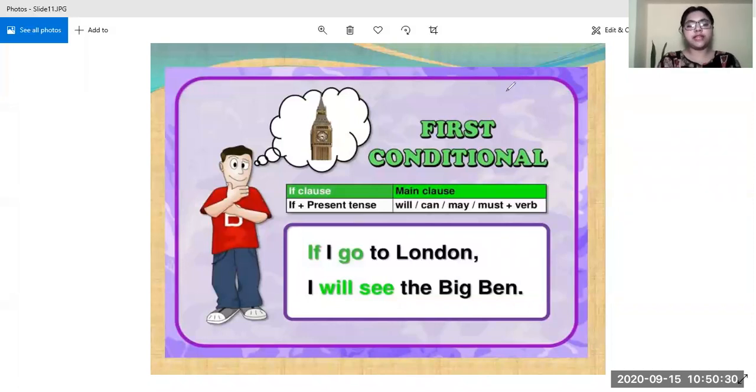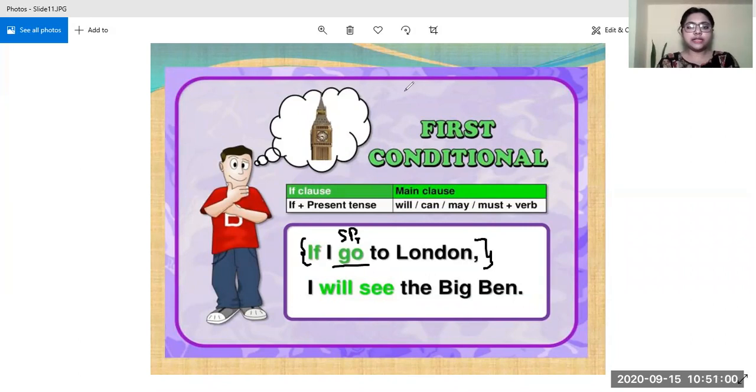So if you look at this example, if I go to London, I will see the Big Ben. Now, if I go to London, this is simple present tense. So the first condition is satisfied, that is, the if clause is having a simple present. Now let us look at the second condition, whether it is fulfilled or not.